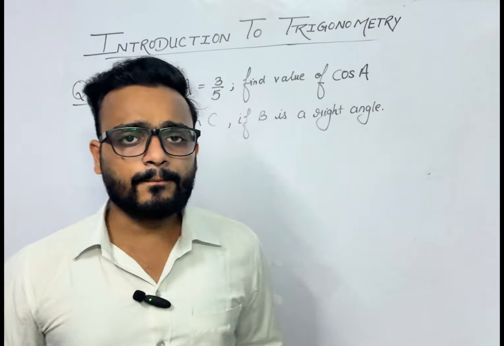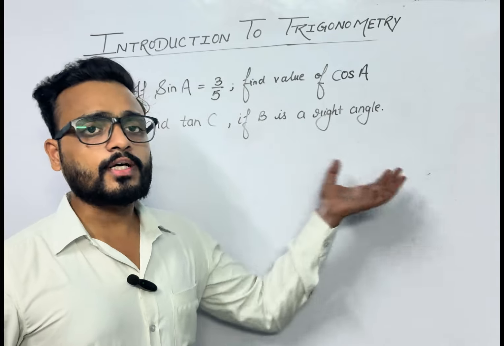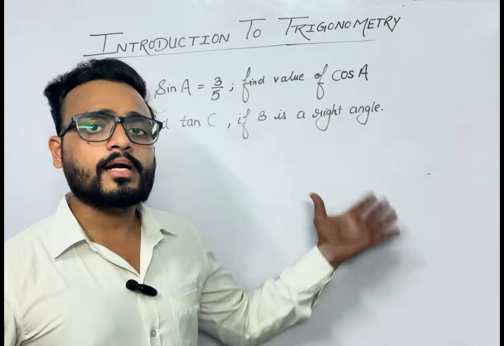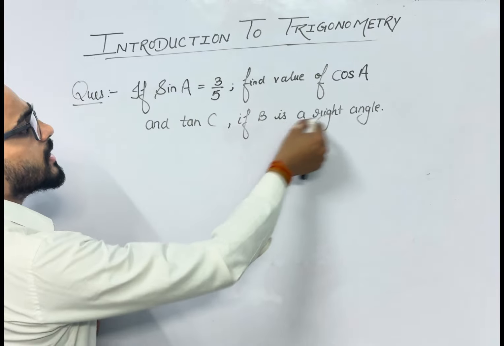If we take an example for finding the values of any of the trigonometry ratios, here is the example. If sin A is equal to 3 by 5, then we have to find out the value of cos A and tan C if B is a right angle.